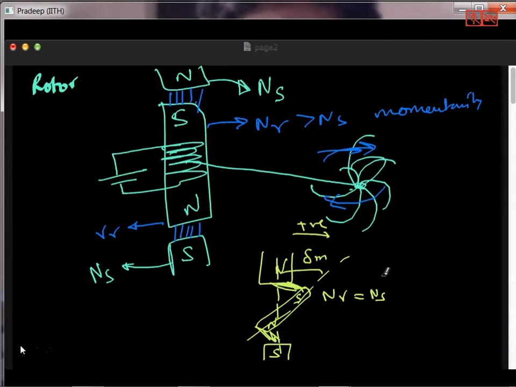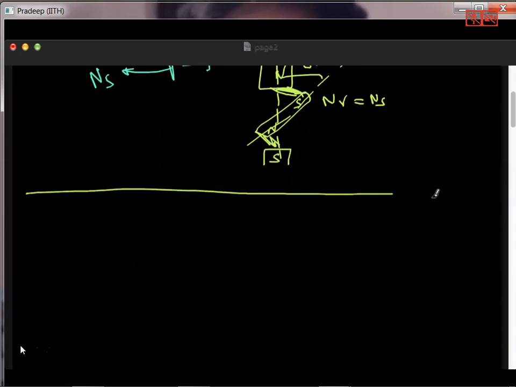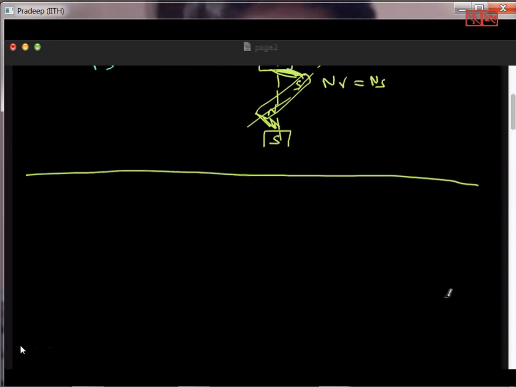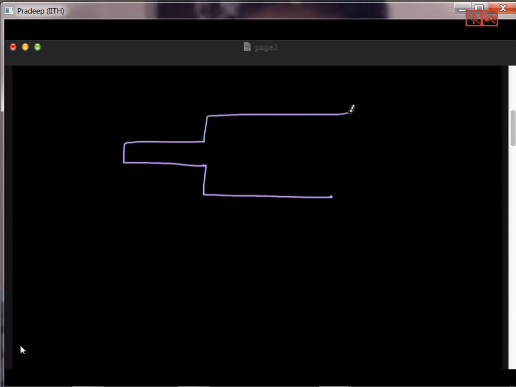So I'd like to summarize this entire discussion with a couple of diagrams. The diagrams are like this. So think of this as a shaft, and this is the rotor.